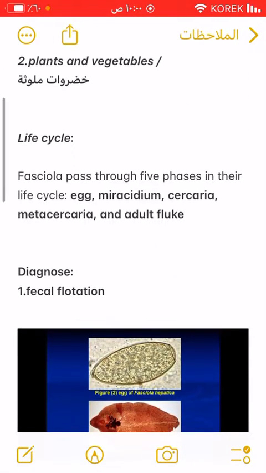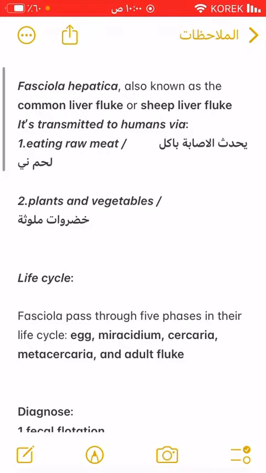So, we have a big life cycle of Fasciola hepatica. In your first year of college in veterinary medicine, even in other medical colleges, at biology you will study this type of parasite, and in parasitology at the third year you will study it too.